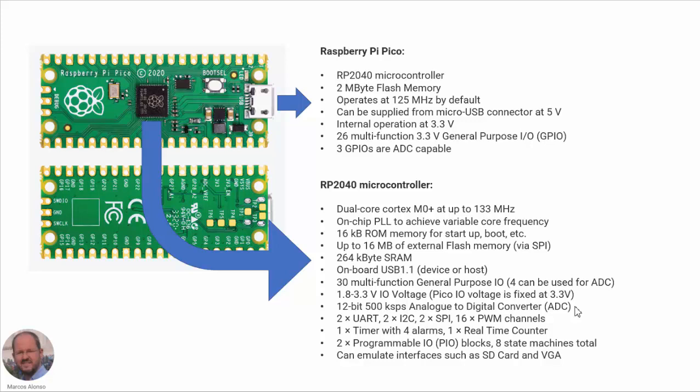It also incorporates a 12-bit 500 kilosamples per second analog to digital converter, 2 UARTs, 2 I2Cs, 2 SPI, and 16 PWM channels, 1 timer with 4 alarms and 1 real-time counter, 2 programmable input-output blocks that can implement up to 8 state machines in total, and finally it can emulate interfaces such as SD card and VGA.